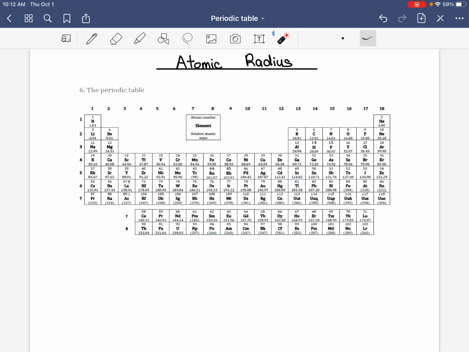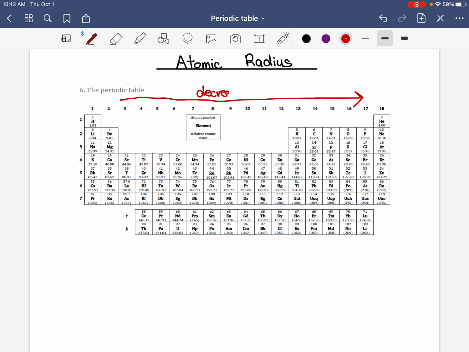Like when? Well, here's the trend, and then I'm going to explain exactly why later. So let's draw the trend. As you move across the periodic table from left to right, the atomic radius, the size of these atoms, is actually decreasing.